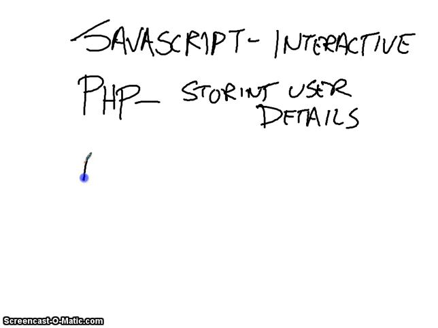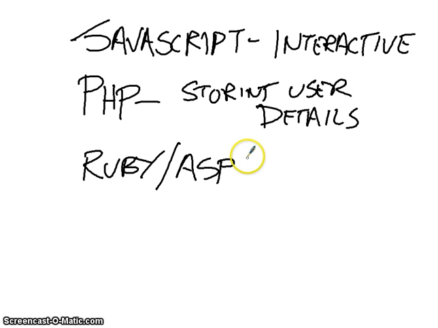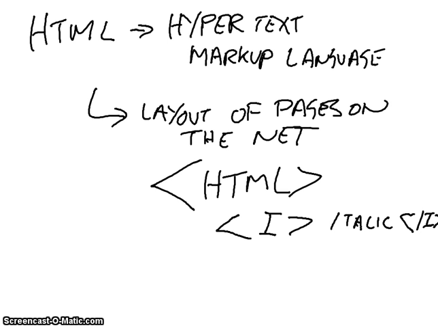There are also things like Ruby. There's also ASP. And most of these languages add some level of interactive features to the website. So you can use them for lots and lots of different things. But the main thing to take from this is that none of those languages would work without having HTML as the first part of the web page.